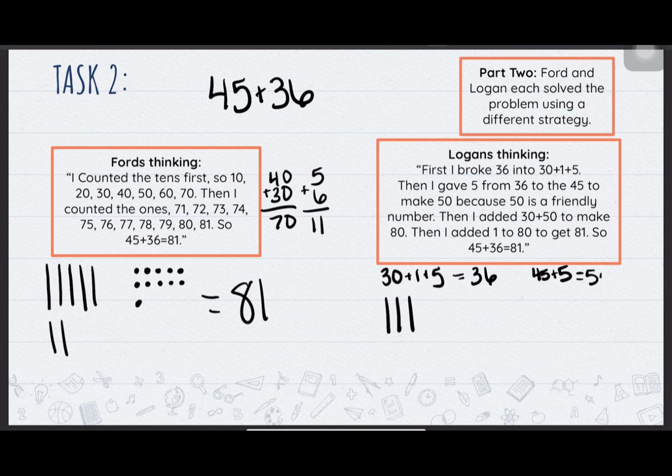And that gave us 50. So now we're going to draw 5 more tens. 1, 2, 3, 4, 5. Then he said he added just one more from the remainder of the 36. So that's our 1. And that also gives us 81.